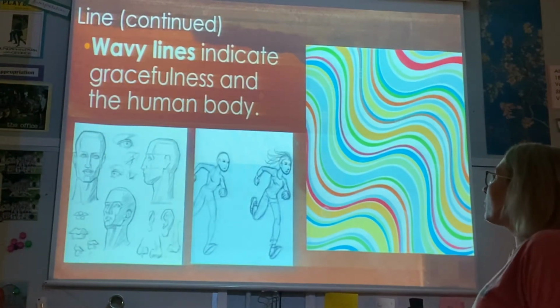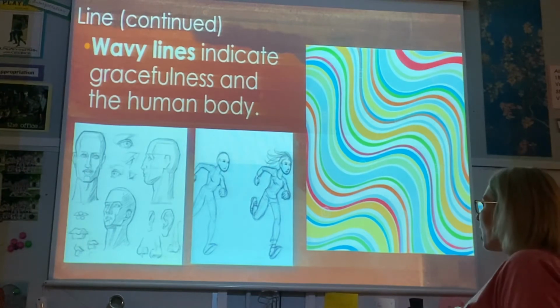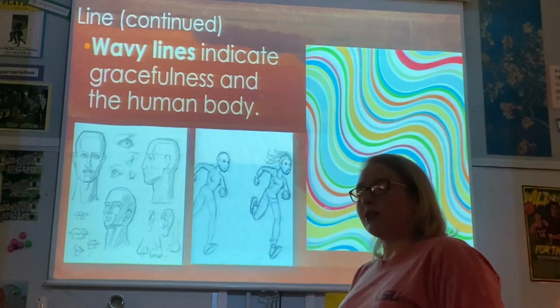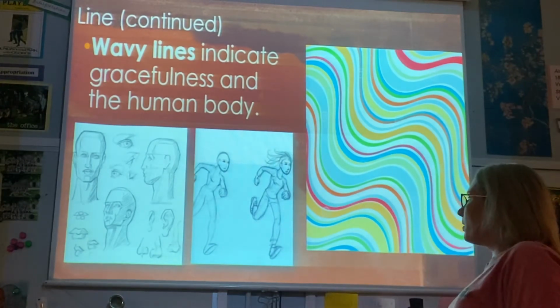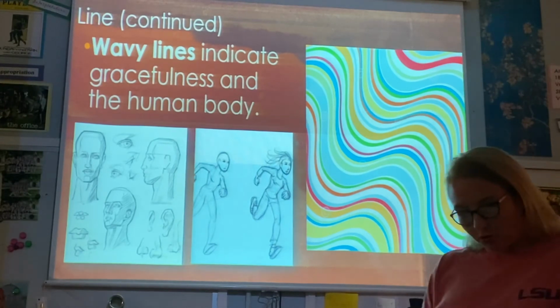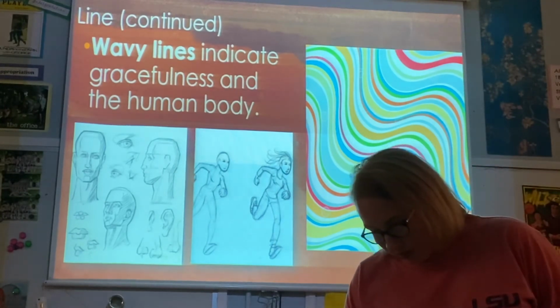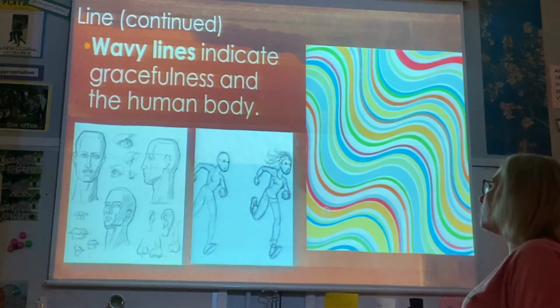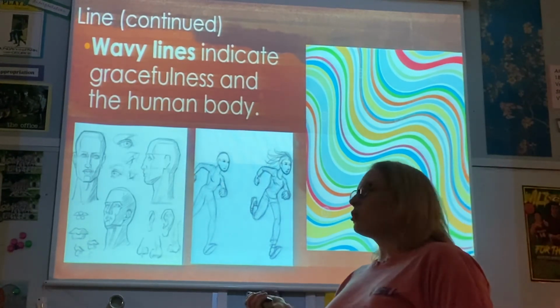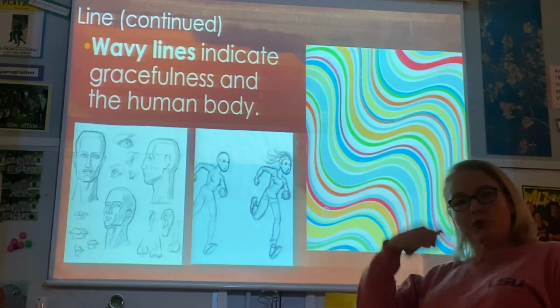Wavy lines indicate gracefulness and the human body because there are very few absolutely straight lines in the human body. So we are all a bunch of wavy lines all put together. So I want you to draw some wavy lines, and then I want you to try to draw a human figure. And I don't want a stick figure. I want you to try to draw a real human body.